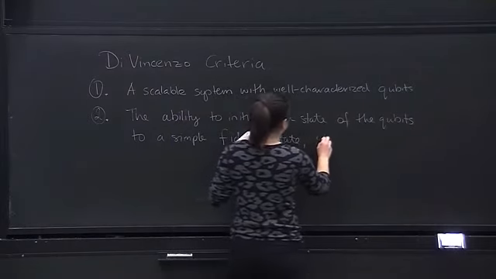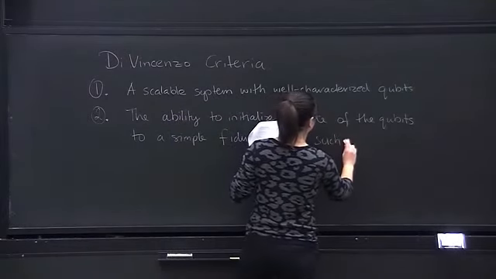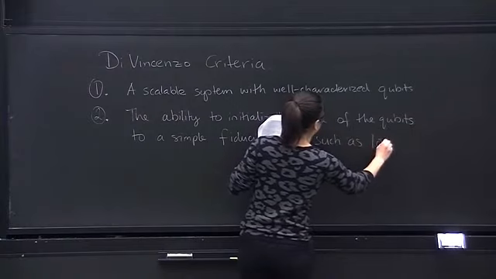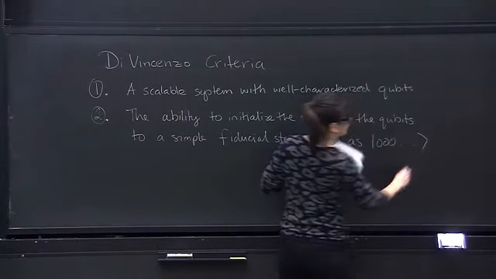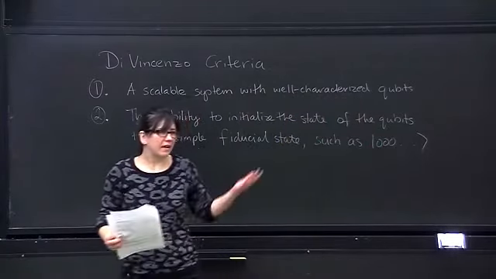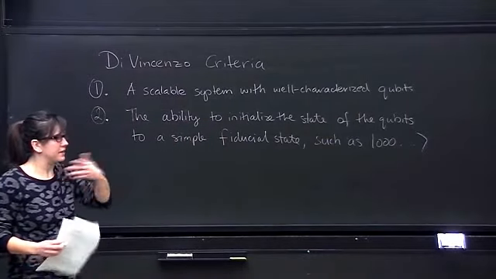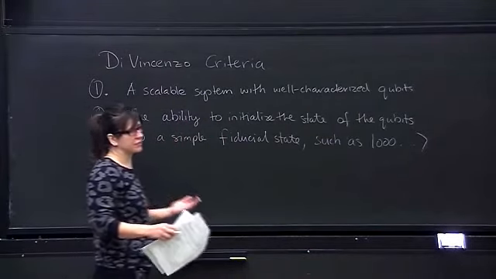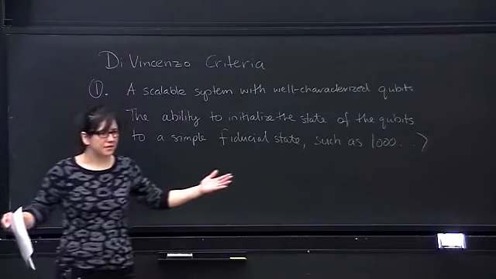One example of that is the state of all zeros. And that's reasonable as well. You would imagine that if you're doing some sort of quantum computation, you want to start off with some sort of simple state.